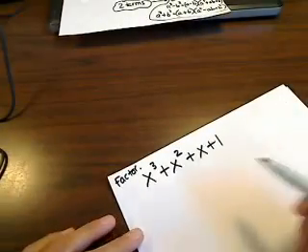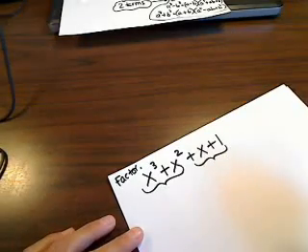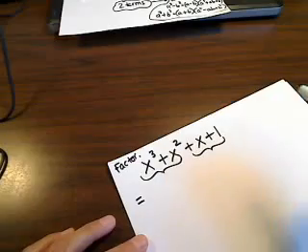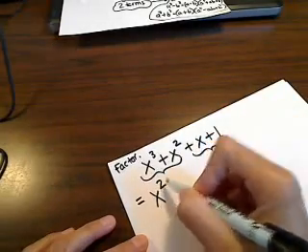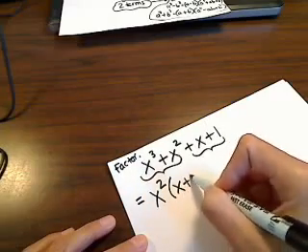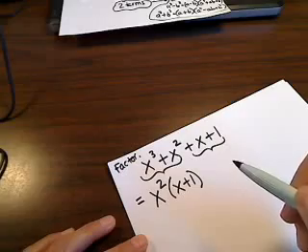Okay, so within this first grouping, within the second grouping, I'm going to take out the greatest common factor. Within the first grouping, I see that my greatest common factor is an x squared. Okay, I pull that out and I'm left with an x plus 1. In the second grouping, there actually is not a greatest common factor there.